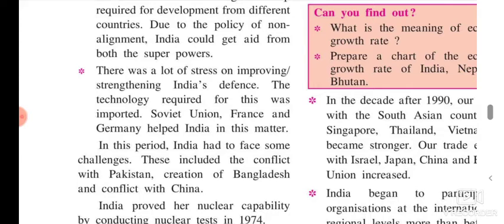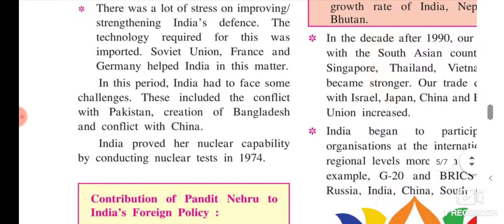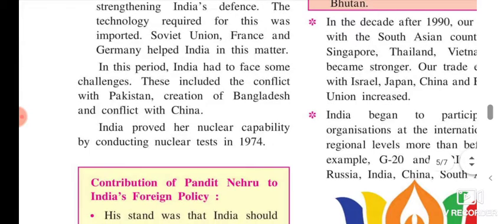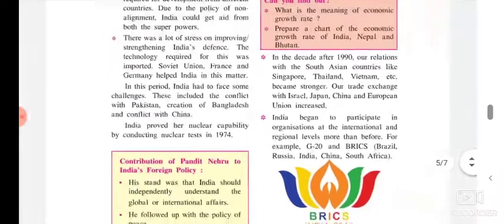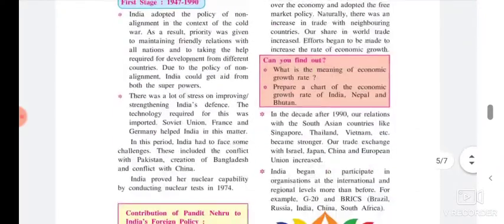The technology required for this was imported. The Soviet Union, France, and Germany helped India in this matter. In this period, India had to face some challenges. These included the conflicts with Pakistan, the creation of Bangladesh, and conflict with China. India proved her nuclear capability by conducting nuclear tests.